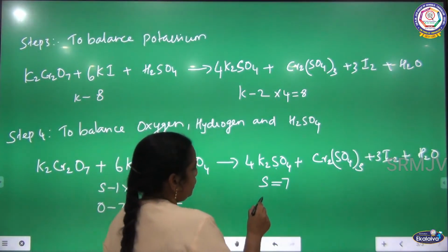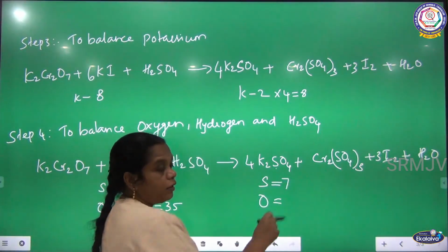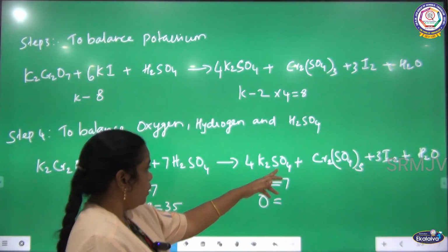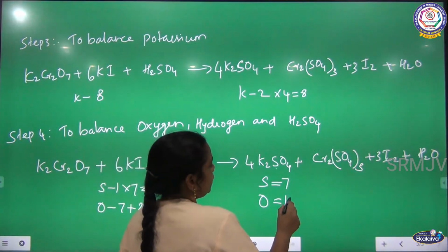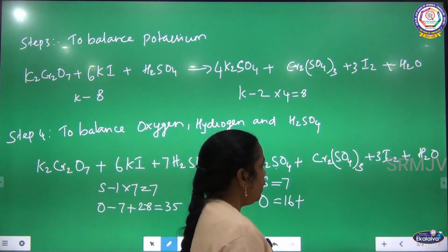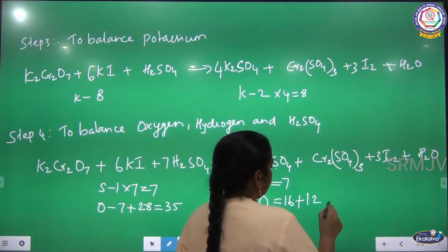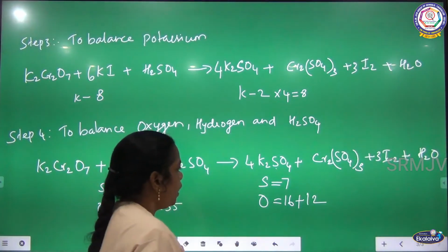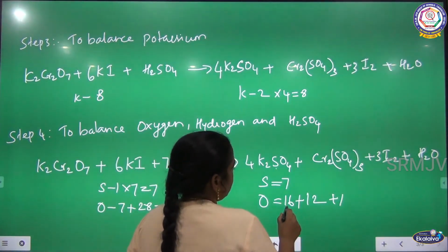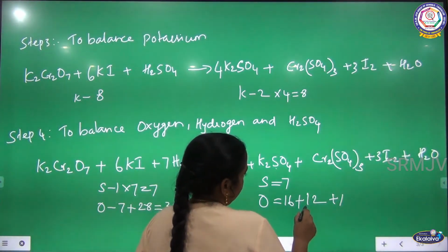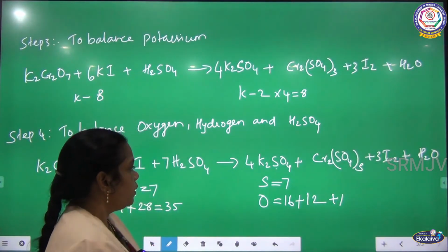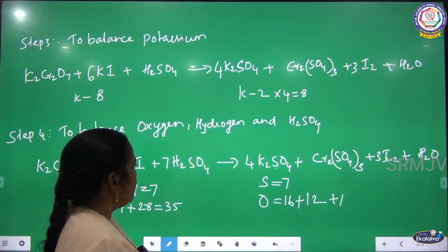Now on this side, count the entire oxygen atoms in the product side. 4 fours are 16 plus 3 fours are 12, and then 1. So 16 plus 12, 28, 29. Now which one is not balanced? Oxygen is not balanced on this side.